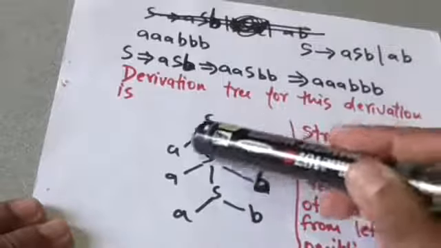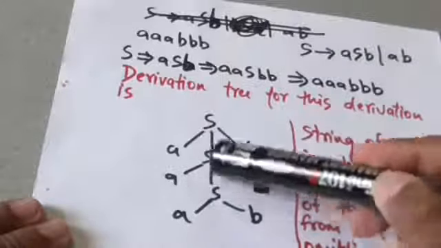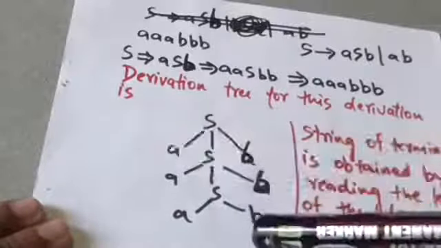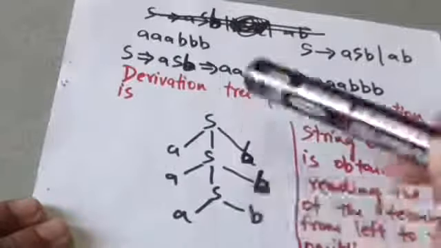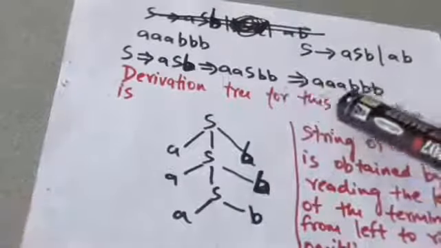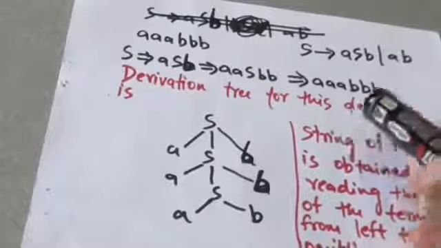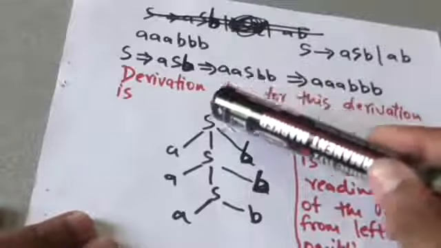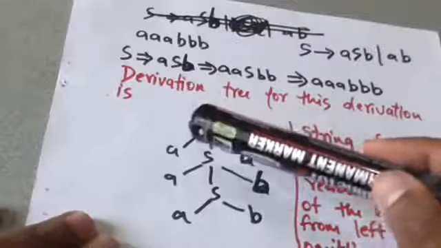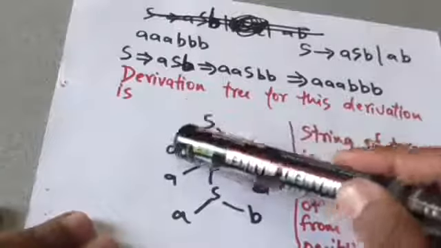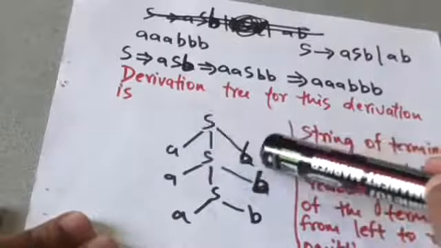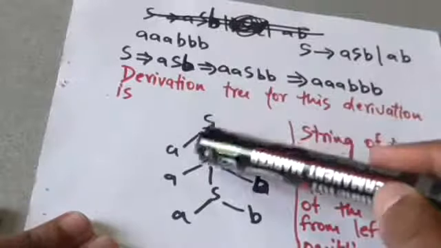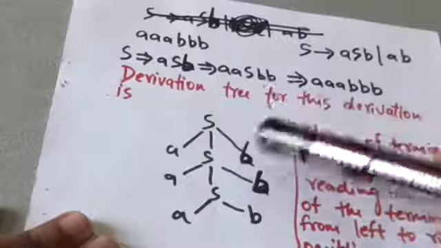And interior nodes must be labeled by variables and leaf nodes should be labeled by terminals or empty string. And one more thing, if there is a node which is labeled by A and its children are labeled from left to right x1, x2 up to xn, then there should be a production in P, that is A derives x1, x2 up to xn.